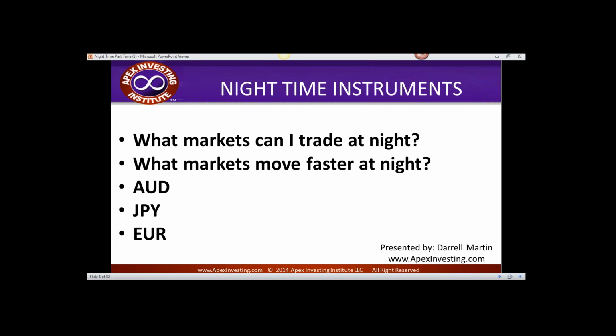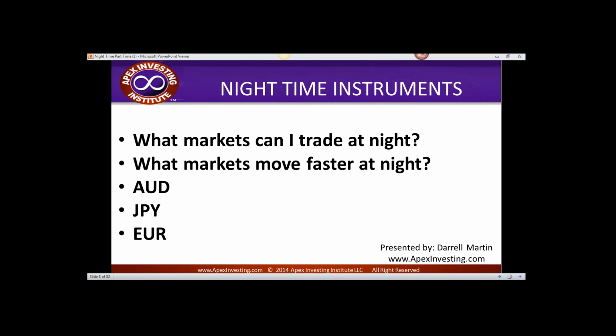So in the early evenings, even though the U.S. session is closed, there's not going to be a ton of movement at night on gold and oil and, you know, the Dow and the NASDAQ, right? But early evening, you have the Australian market that's opened up.